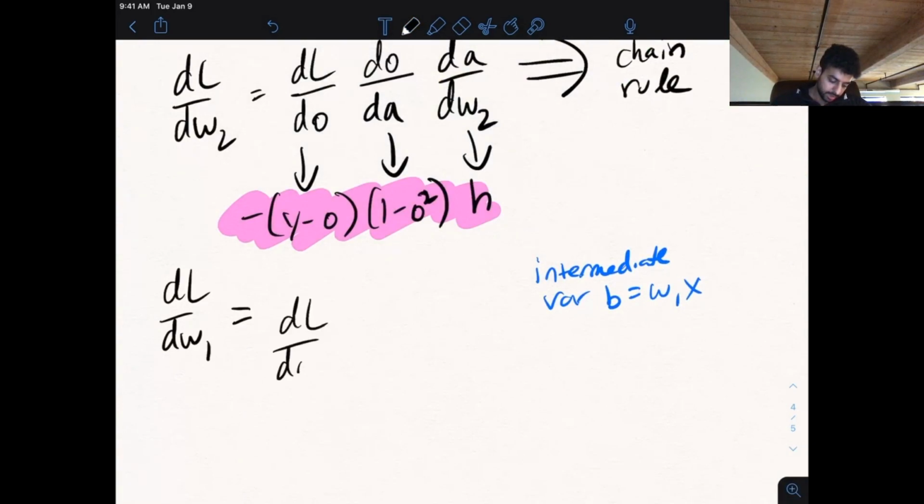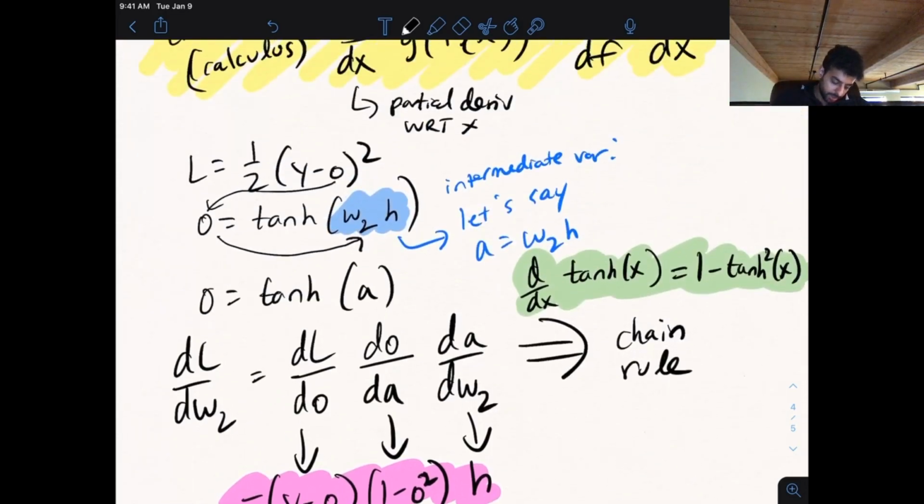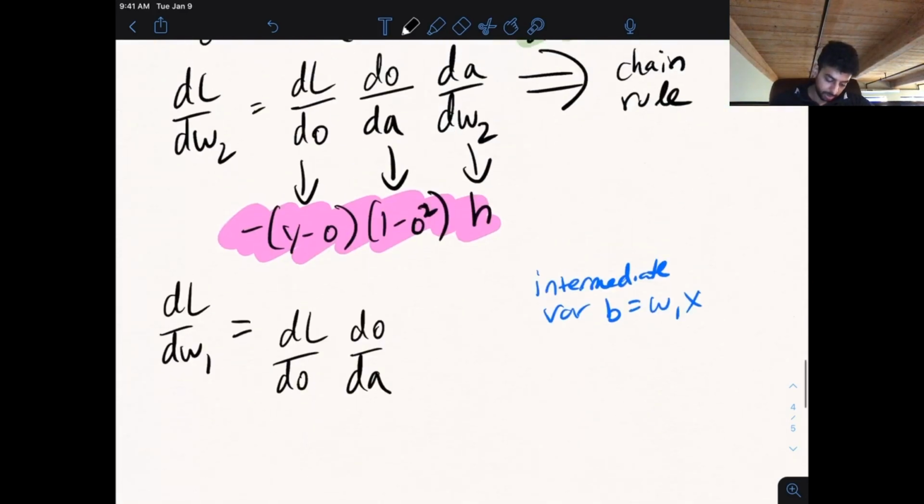It's dL dO, dO dA. So we're at this point, and now we see that A is W2H, but this time we don't want to differentiate with respect to W sub 2, right? Because we know that H is itself a function of W sub 1. So here we depart from what we did previously, and we do this.